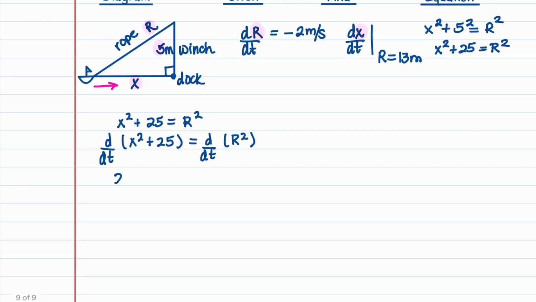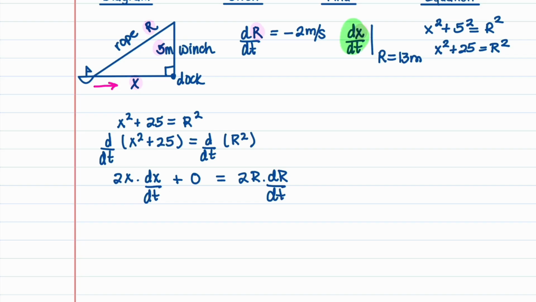So this derivative is 2x times dx/dt plus the derivative of our constant, which is 0. And then on the right-hand side, we have 2r times dr/dt.